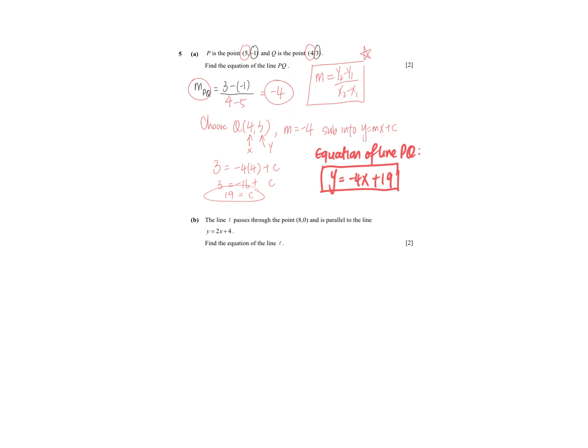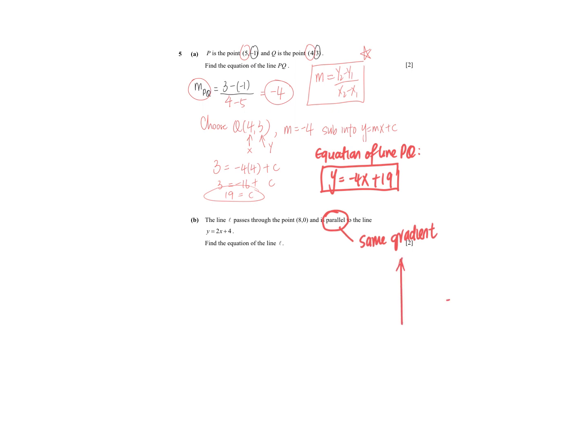Okay, next one. This is the other concept that you need to know. Parallel means same gradient. Can you write it somewhere? If two lines are parallel, it means they have the same gradient. They may not have the same y-intercept, but their gradient is the same.